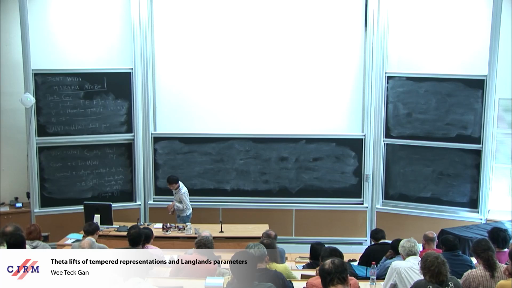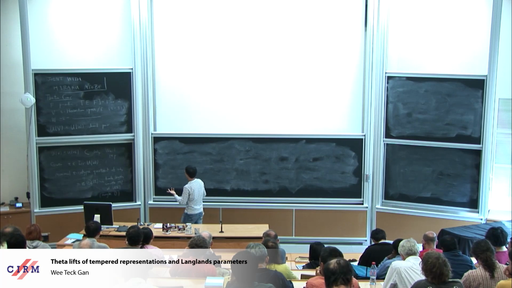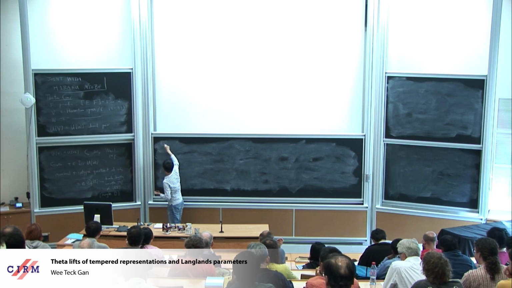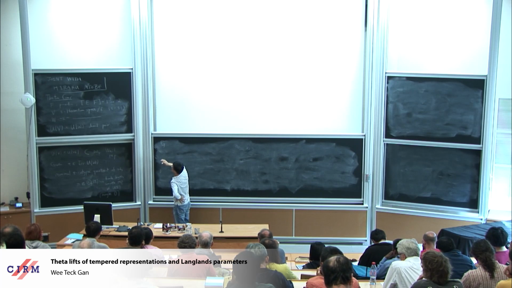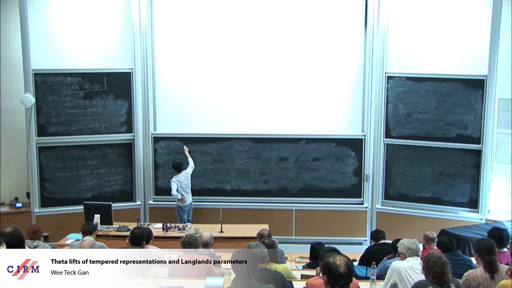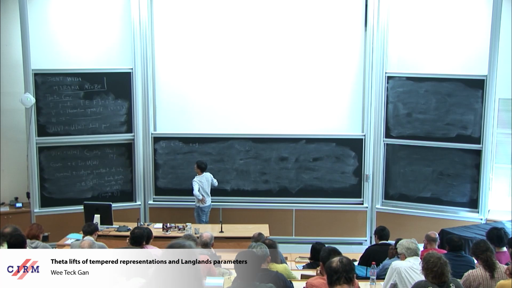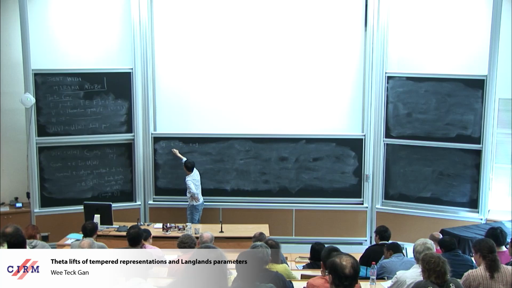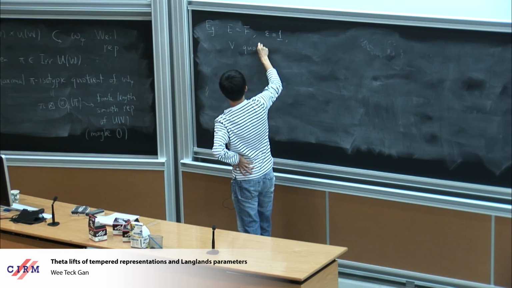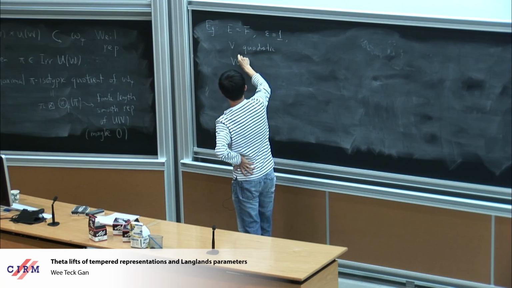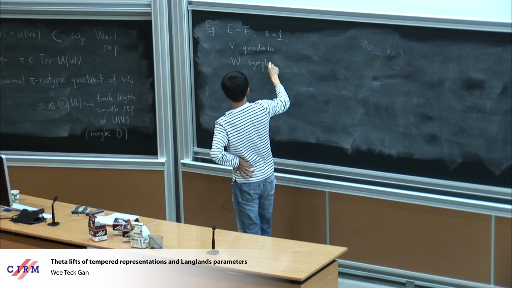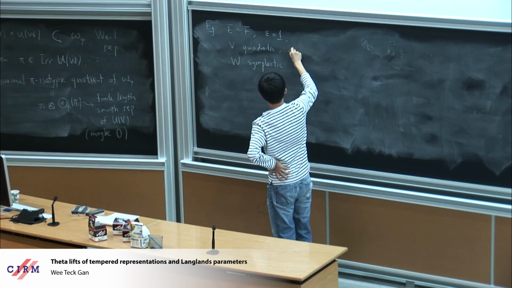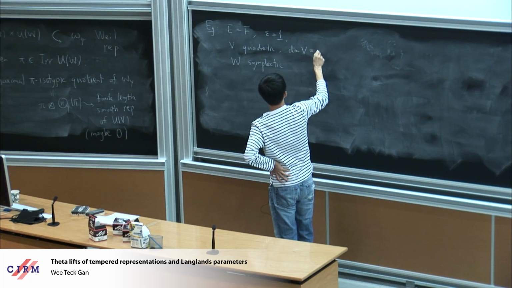Okay. All right. So in fact, in this talk, I will just focus on one example. The example which I will focus on is: I'm going to take E equal to F and epsilon equal to 1. So I'm looking at a quadratic space and a symplectic space. So V is quadratic, W is symplectic. And I'm going to assume that the dimension of V is odd.